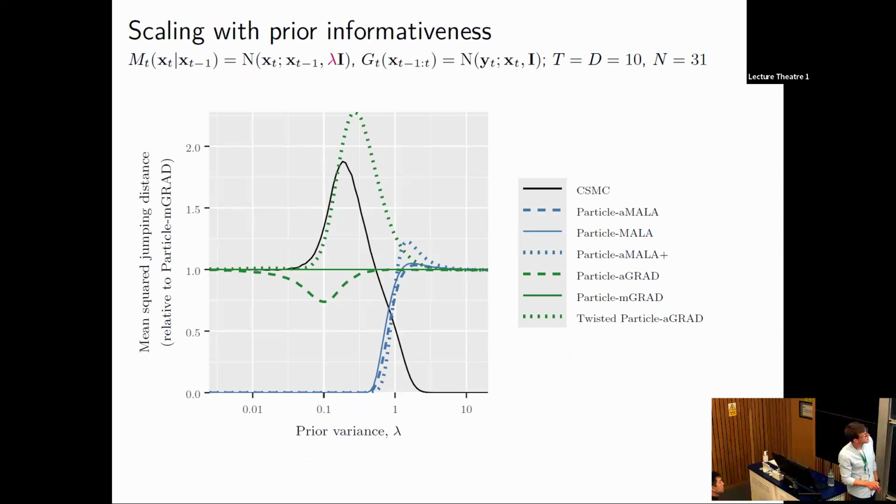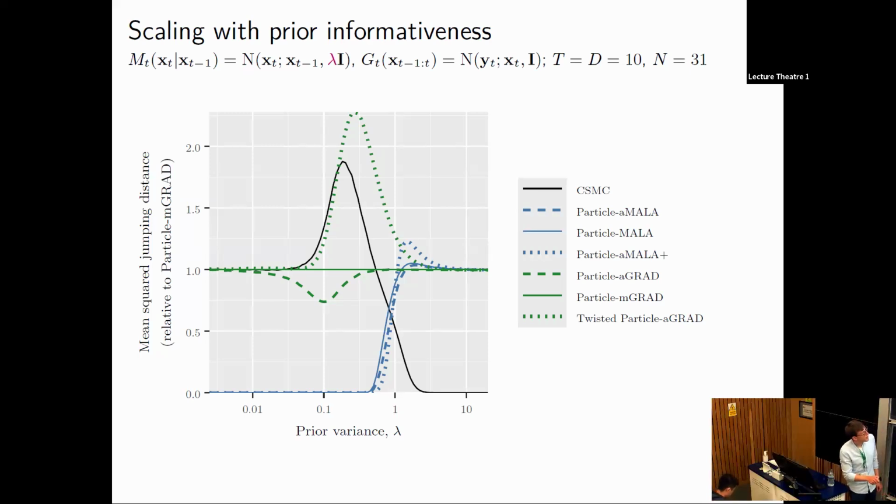And you see here, if the prior is really informative, so if lambda is small, then particle mGRAD, aGRAD, and the twisted version all do the same thing. They all behave like the conditional SMC algorithm. But as the prior variance increases, so as my prior becomes less informative, you see that the conditional SMC algorithm just collapses and breaks down.